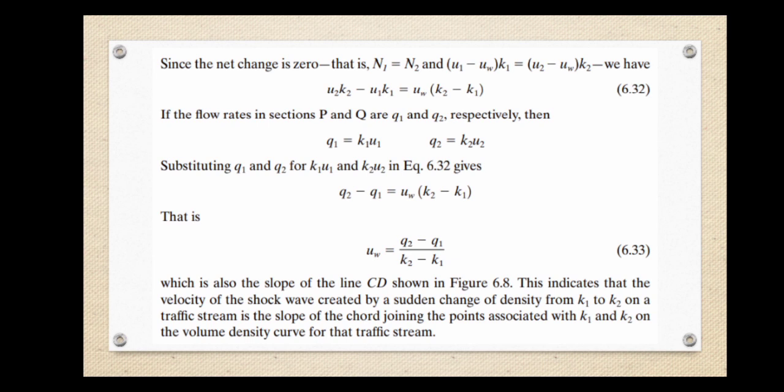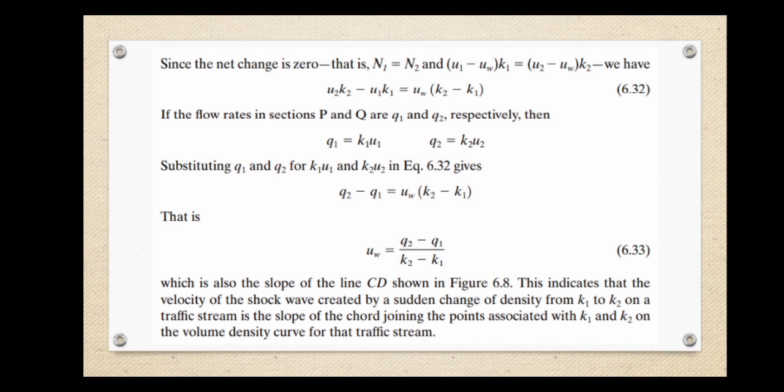Substituting Q sub 1 and Q sub 2 for K sub 1 times U sub 1 and K sub 2 times U sub 2, equation 6.32 gives Q sub 2 minus Q sub 1 is equal to U sub W times (K sub 2 minus K sub 1). That is, U sub W is equal to (Q sub 2 minus Q sub 1) over (K sub 2 minus K sub 1), which is also the slope of the line CD shown in figure 6.8.